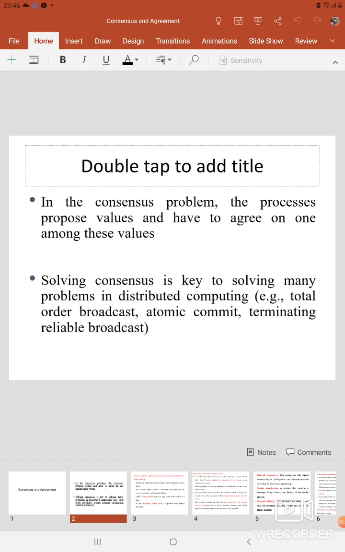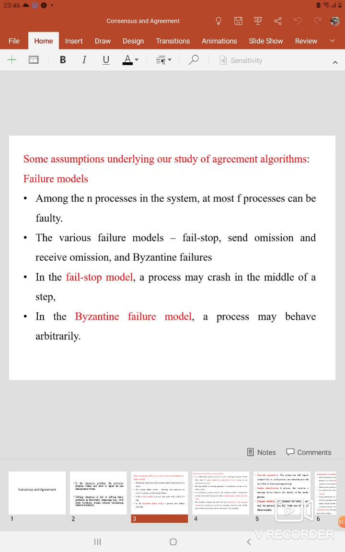But anyway, at the end, we have to agree on a single value. This is called the consensus problem. It is mainly used in distributed computing to solve many problems, for example, total order broadcast, atomic commit, terminating reliable broadcast, etc.